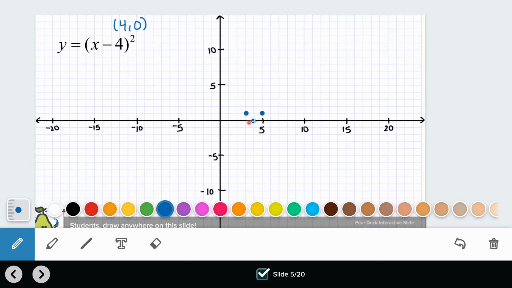Go out 2, 2 squared is 4. So 1, 2, 3, 4. Same on the other side. I am going to go to 3, 1, 2, 3. 3 squared is 9. So that's going to be right here. And then I'm going to connect this. And there is my parabola.